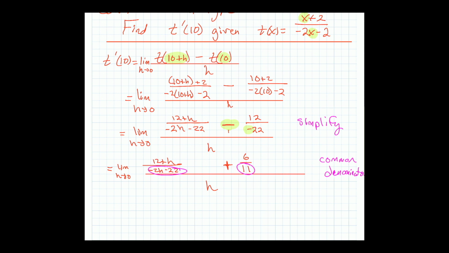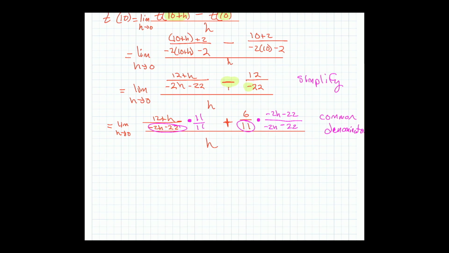So that means you're going to take this side and say it's missing the negative 2h minus 22, but you have to multiply by that on top and bottom. So when you multiply out that denominator, you're going to have the 11 and the negative 2h minus 22. Now the first fraction, what's it missing from the common denominator? It's just missing the 11. So you just need to multiply by 11 over 11. So that's how we're going to get our common denominator.